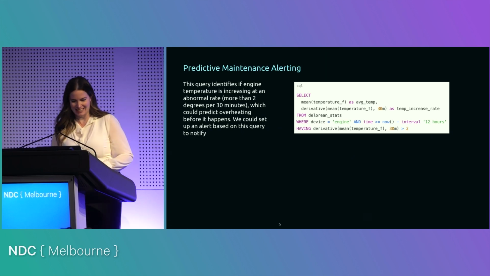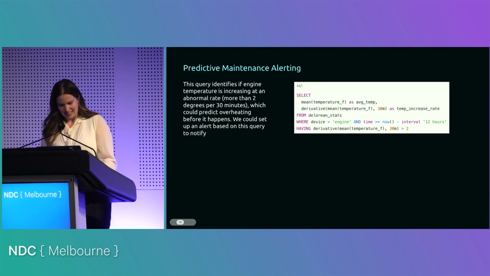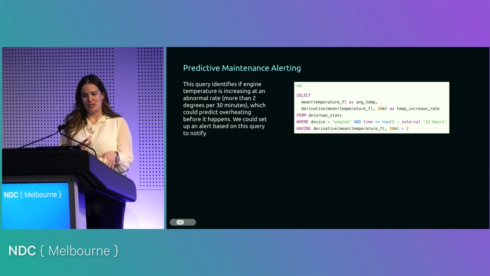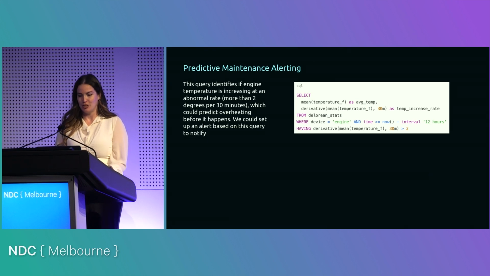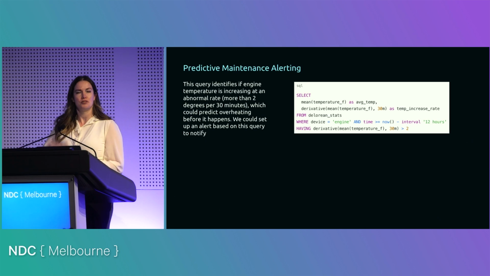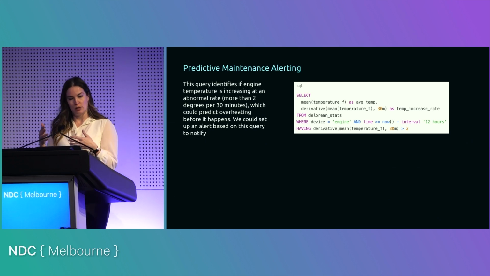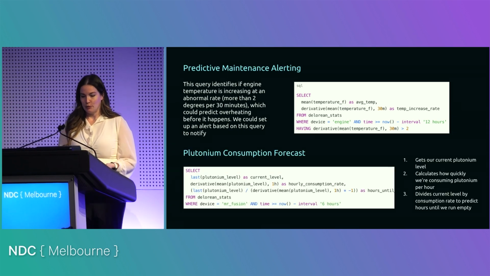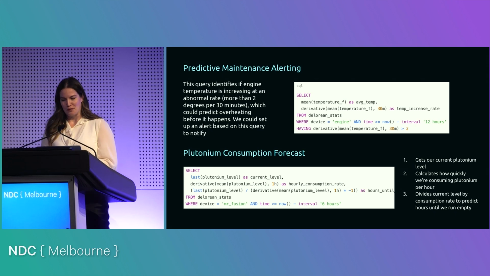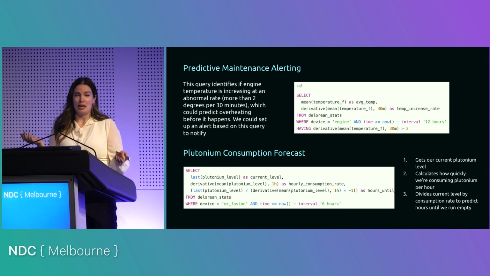Appreciate you. Okay. Our predictive maintenance query uses the derivative function to calculate how quickly engine temperature is rising. If it exceeds 2 degrees per 30 minutes, we can predict overheating before it happens and alert maintenance that it's needed. The plutonium consumption forecast does something even more practical. It predicts when you'll run out of fuel.